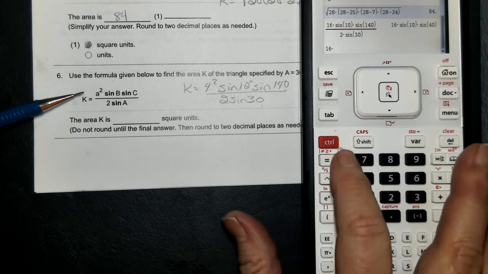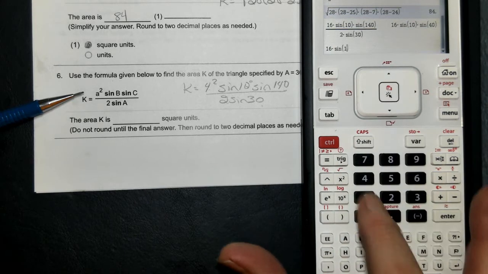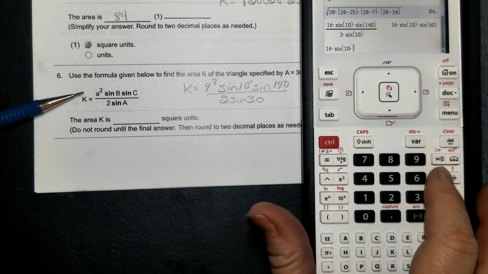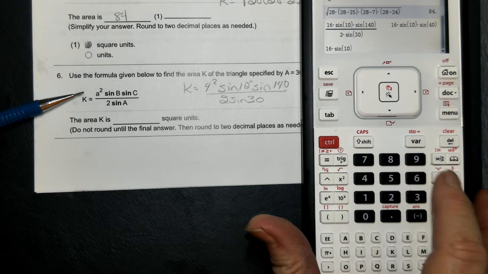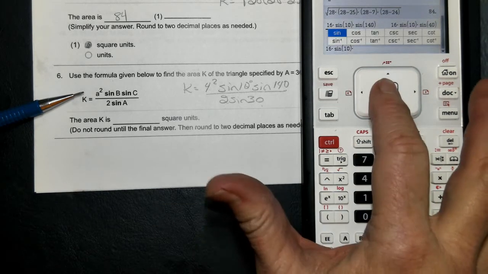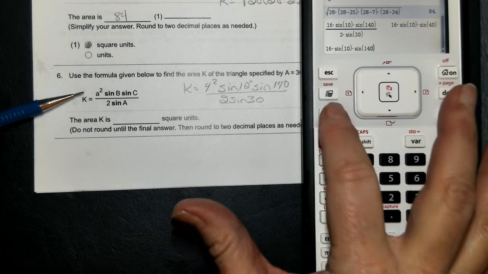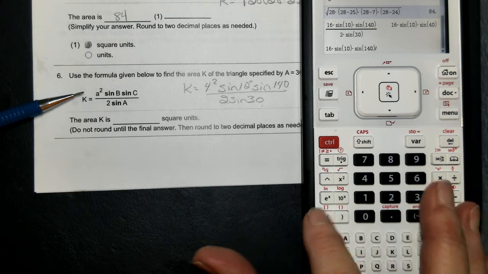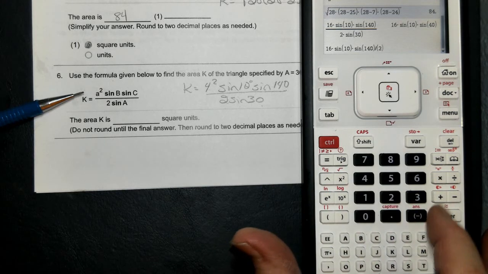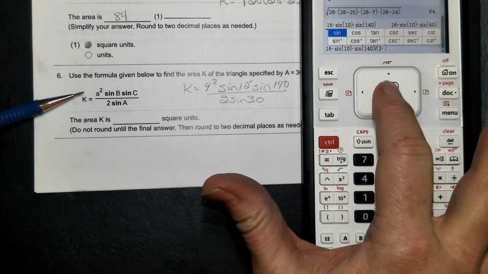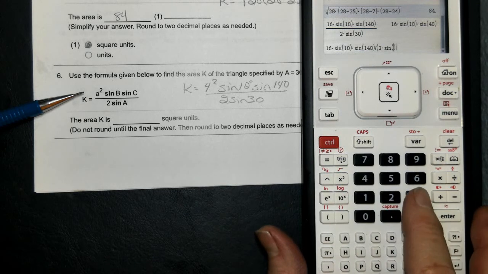16 times sine 10 times sine of 140, divided by parentheses 2 times sine 30.